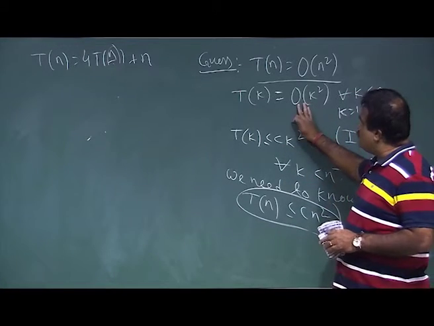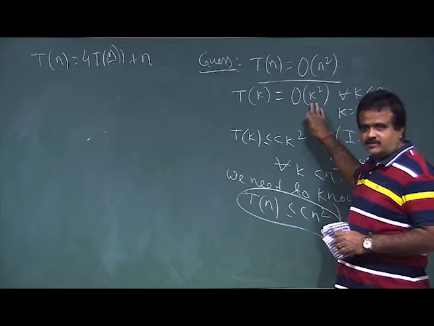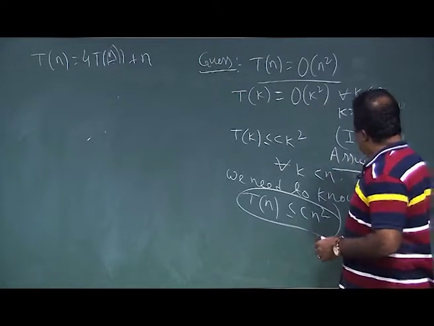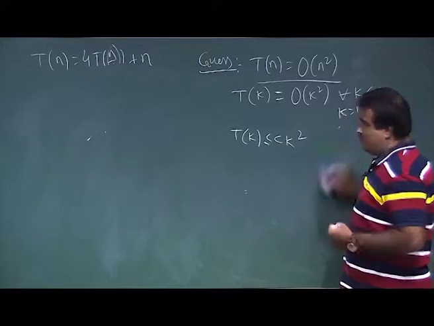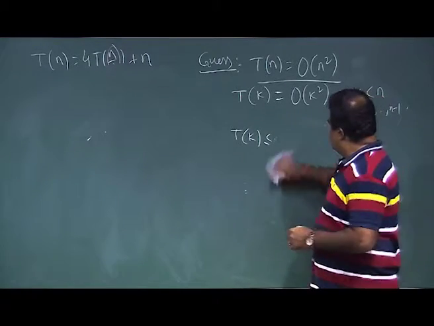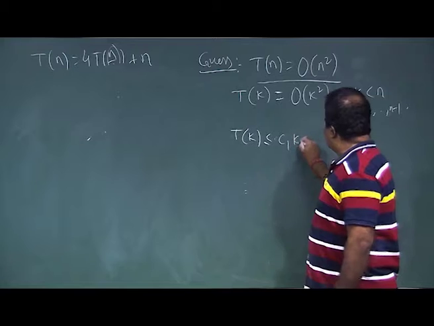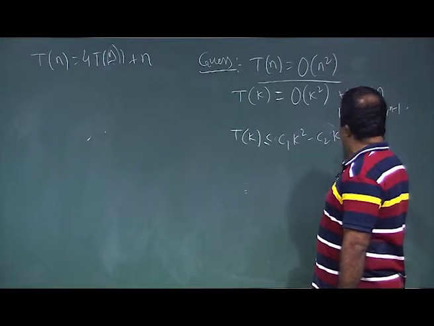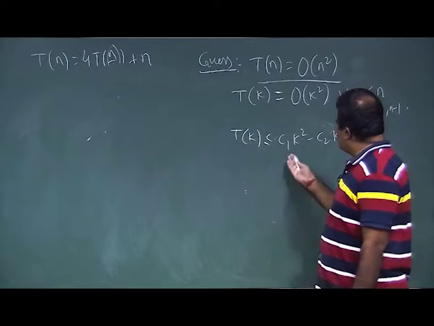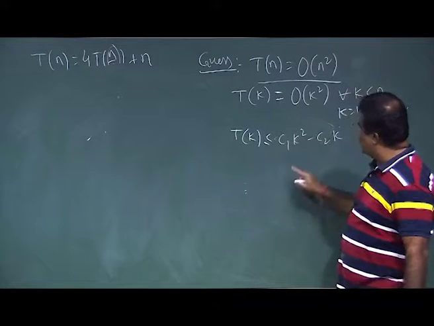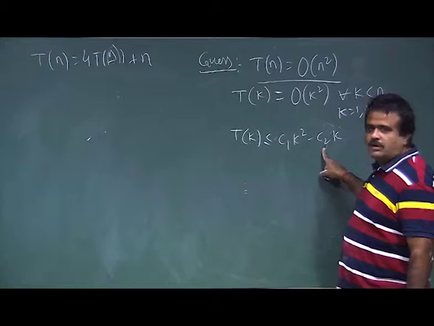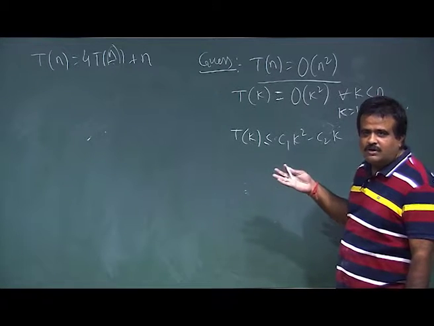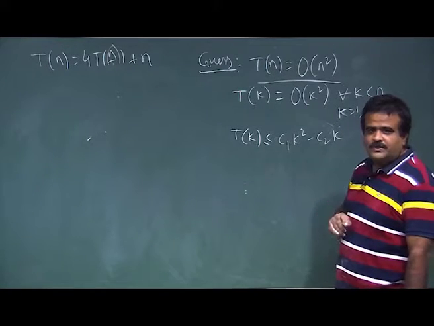So, we assume this is true, big O of k square. Now, here, instead of this bound, we take a slightly tighter bound. So, we take this to be C1 k square minus C2 k, because that is also big O of k square, since the lower order term is ignored anyway.